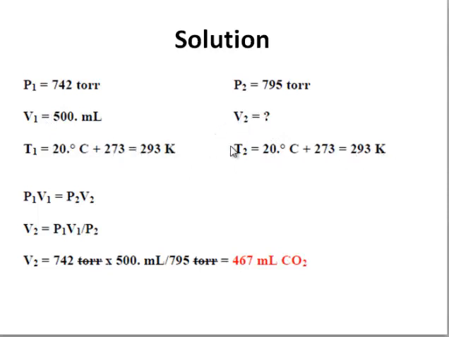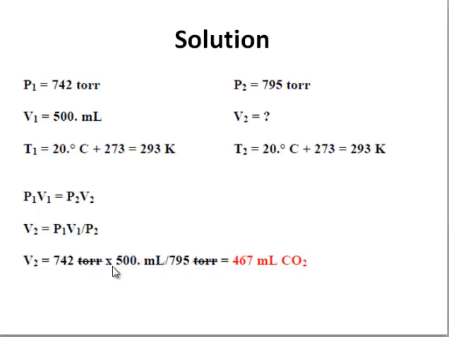T1 and T2 are the same. More about what kelvins are in a moment. Constant temperature, no change in temperature, is a prerequisite for Boyle's law. So we can apply Boyle's law. P1V1 is P2V2. We know we're solving for V2. Rearrange the equation algebraically: V2 is P1V1 over P2. And then put in the values of pressure, 742 torr times 500 milliliters over 795 torr.